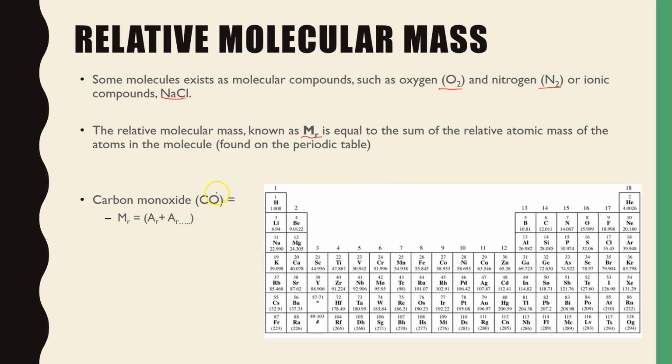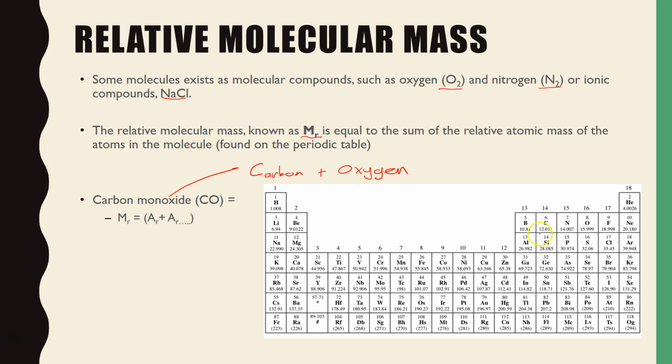For example, let's take the compound carbon monoxide. We have a carbon atom and we also have an oxygen atom, one of each. We know the individual atomic masses of those elements from the periodic table, because the periodic table is a collection of all of the relative atomic masses of those elements.